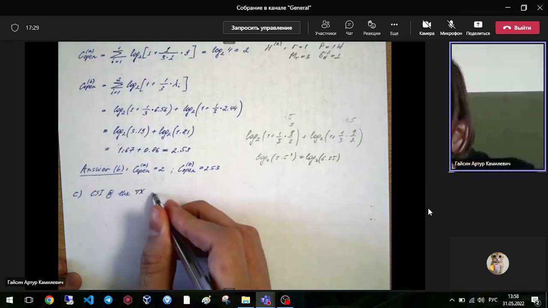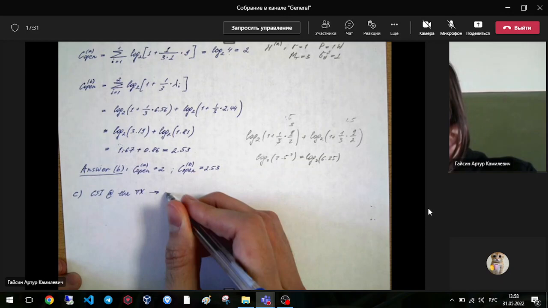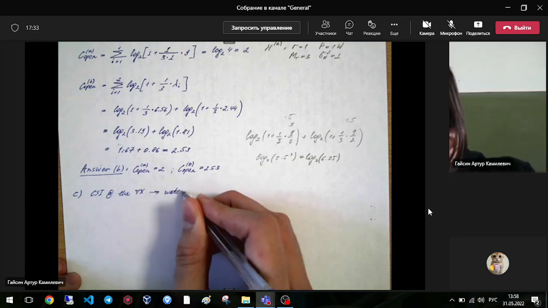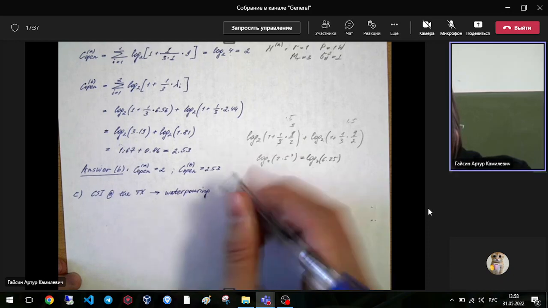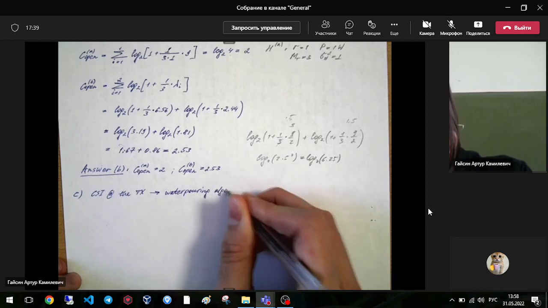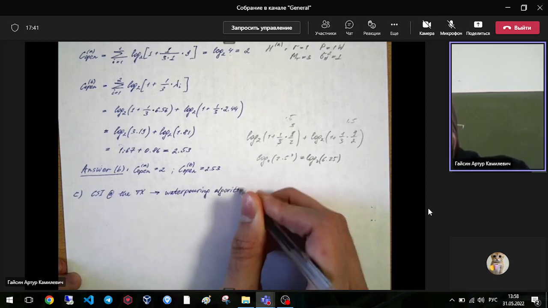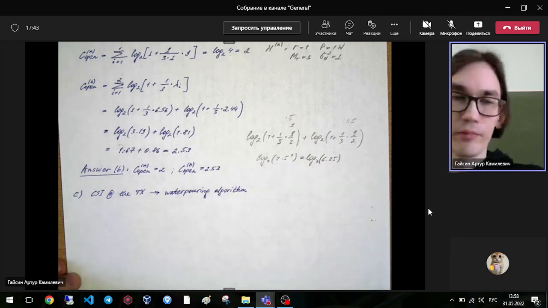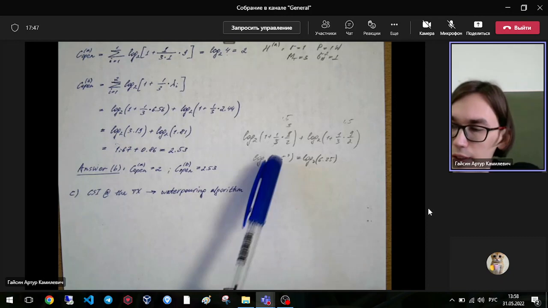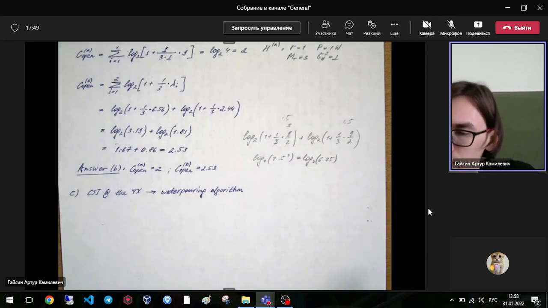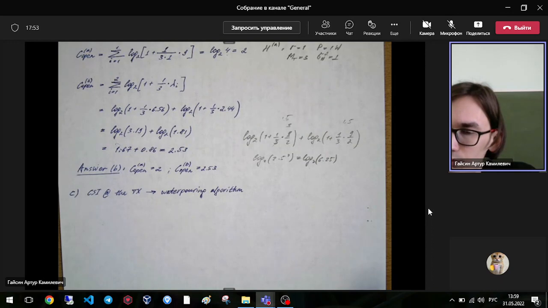So in this case, we can use water pouring algorithm. And also I can say, looking to this example, we will have maximization of the capacity if each eigenvalue will be equal to each one.